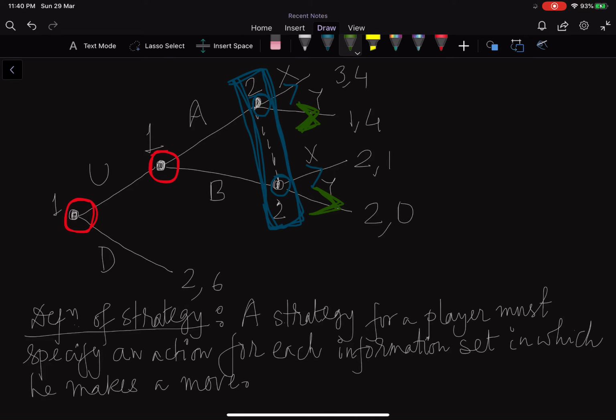We still want to find the subgame perfect Nash equilibrium strategies of this game, but we can't apply backward induction now, so we have to use some other method to find the SPNE. That's in the next video.